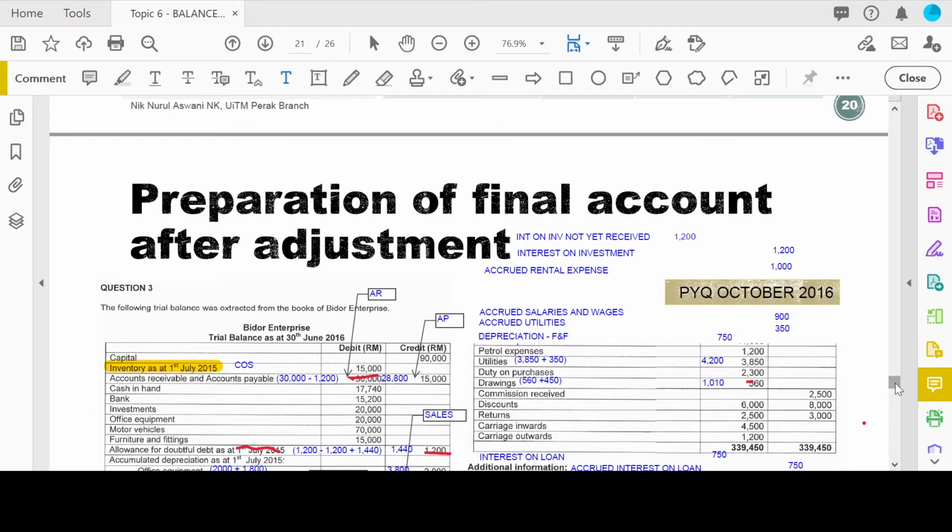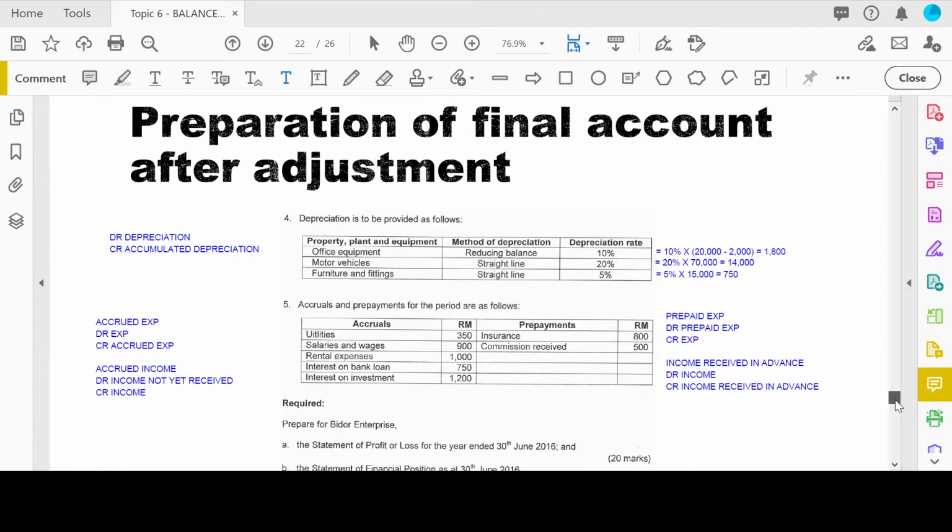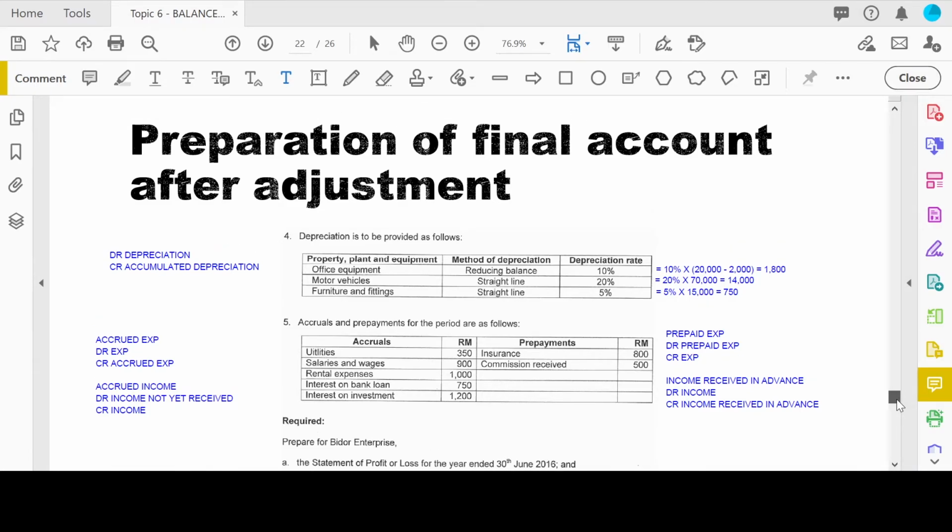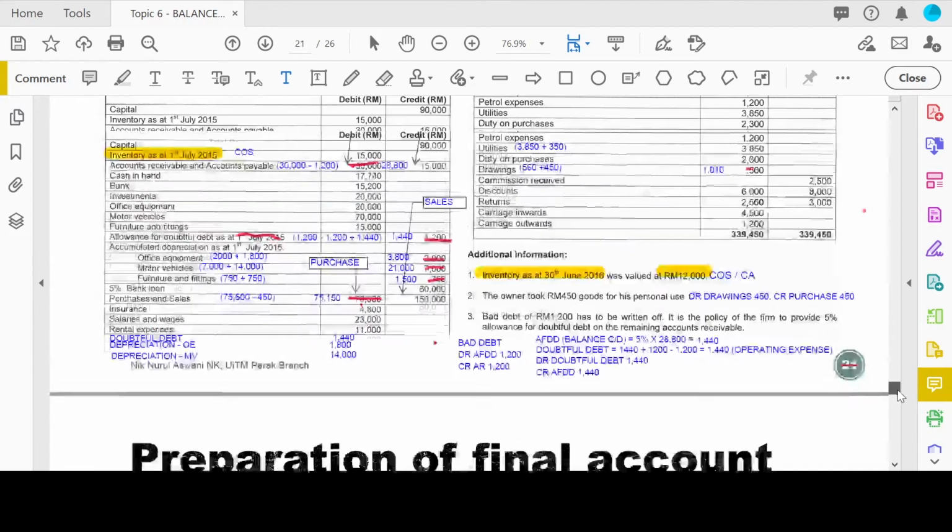That's it for the accruals, and then we have prepayments. So we have insurance. Usually insurance is an expense. When there is a prepayment, refer to prepaid expense: debit prepaid expense and credit expense, meaning that we are going to deduct from our insurance expense account because we have overstated this amount by 800.